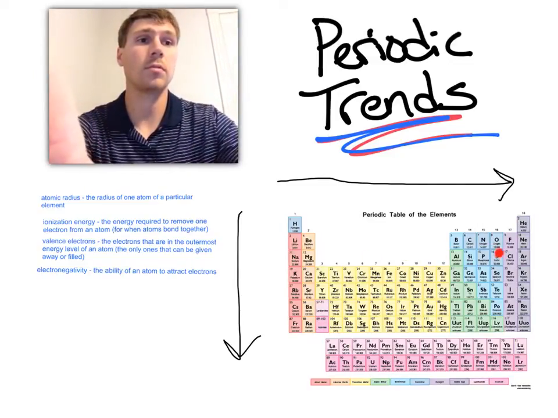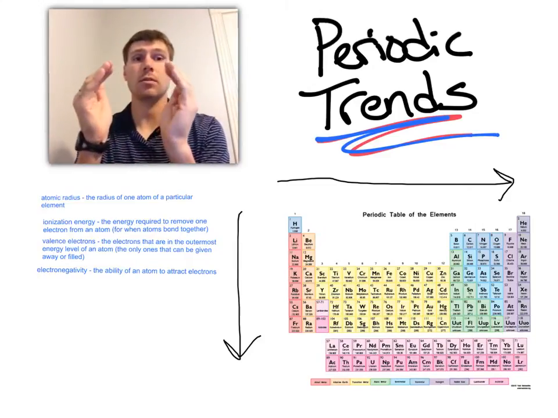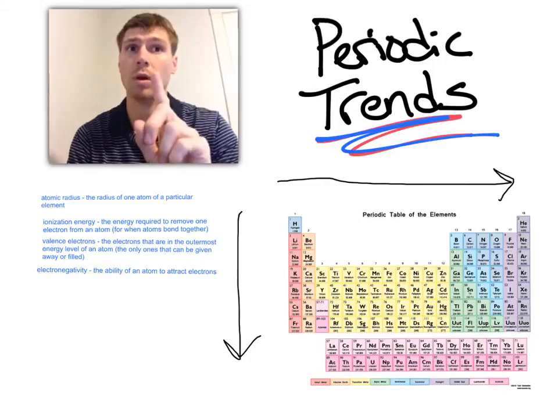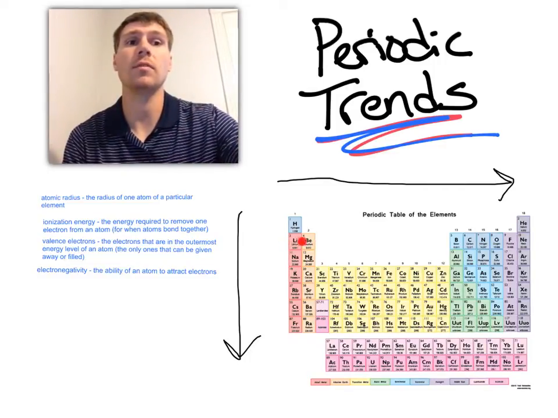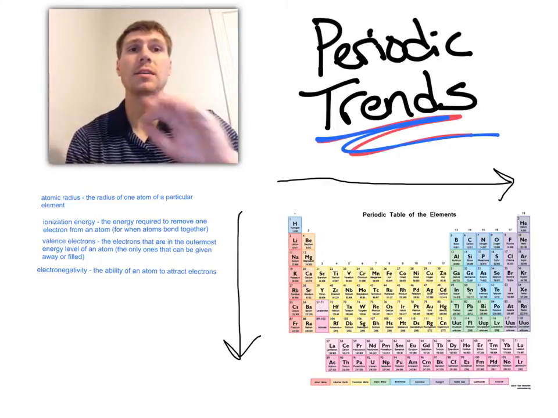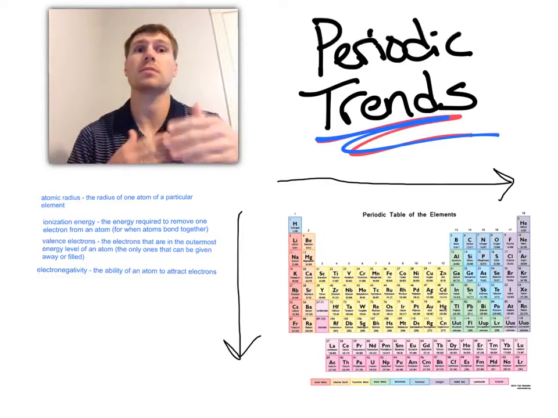Third row has electrons in the first orbit, second orbit, and third orbit. Okay, so you get the picture here. First row has one orbit. Second row, all of these elements have two orbits full of electrons. Third row has three orbits that have electrons in it. Fourth row, four orbits, and so on and so forth.